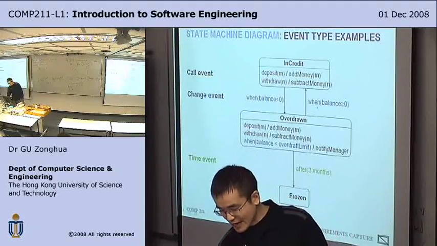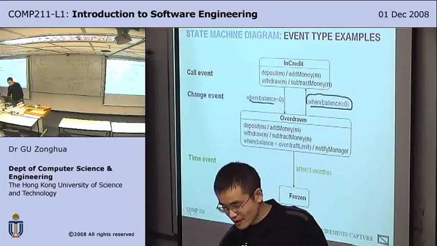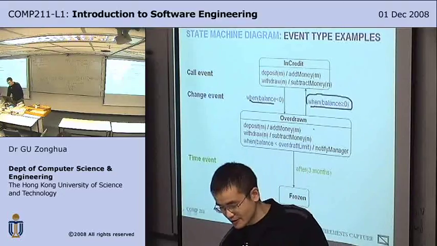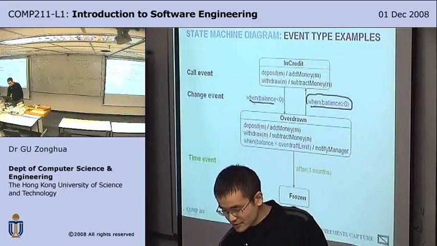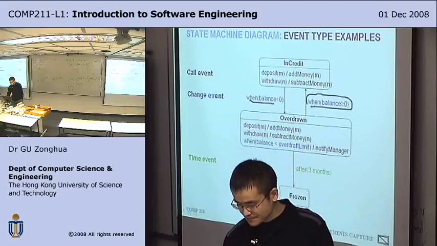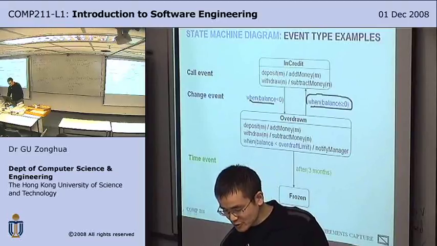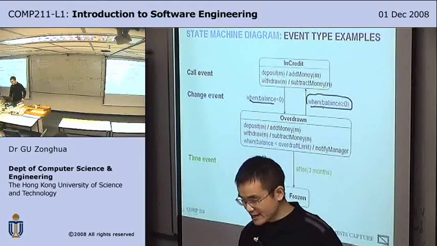See here, you have these events. There's also a time event, after a time duration. So when the balance is less than or greater than or equal to 0, you make some transitions. These are triggered by the balance change.